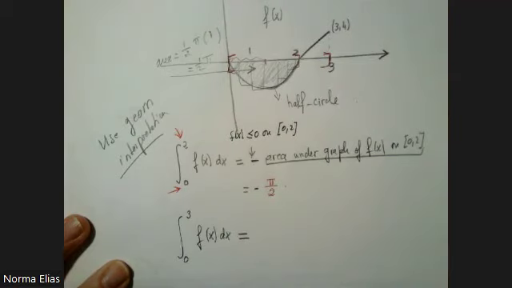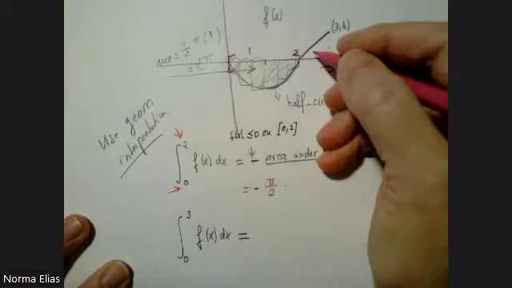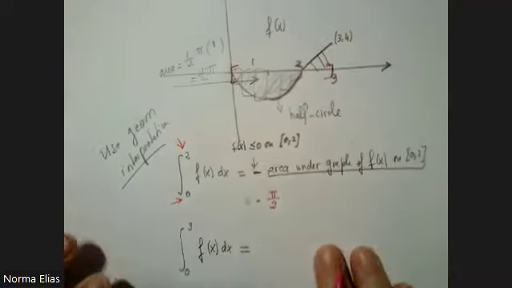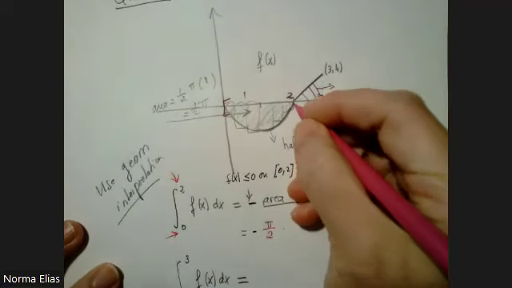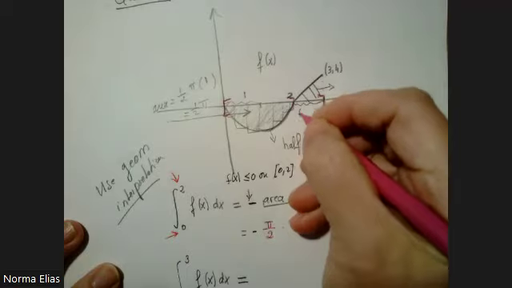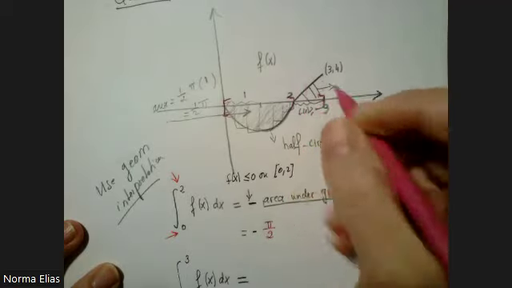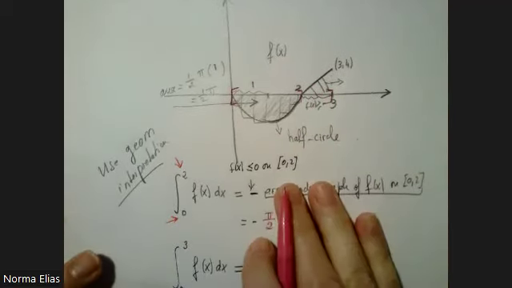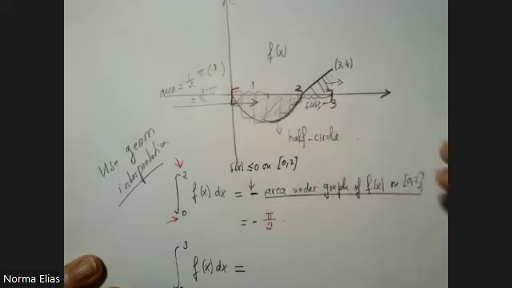Wouldn't it be the area of the triangle, which is 2 minus pi over 2? Right. Between 2 and 3, the function is positive, so the sum of the Riemann sums will give me the exact area under this graph.